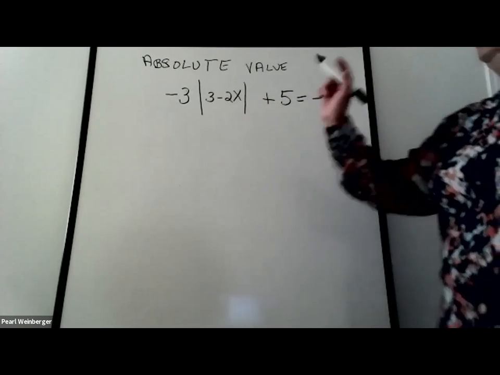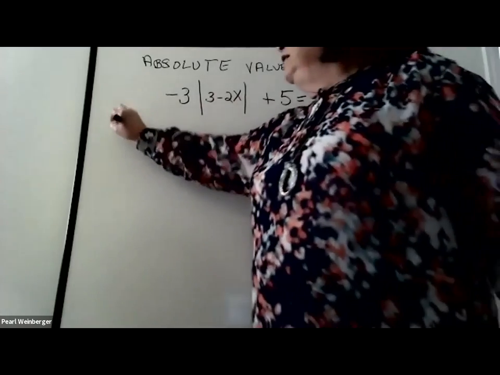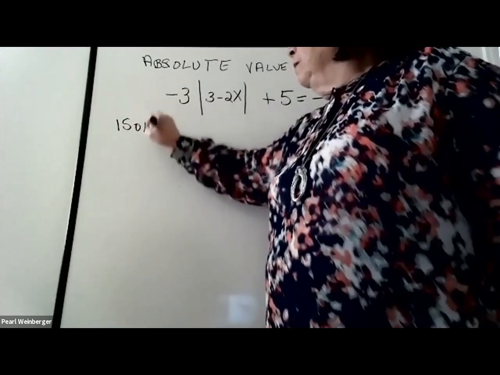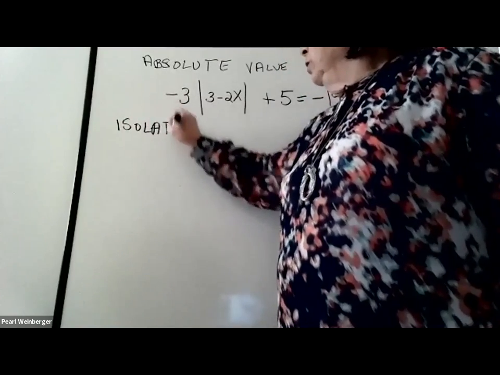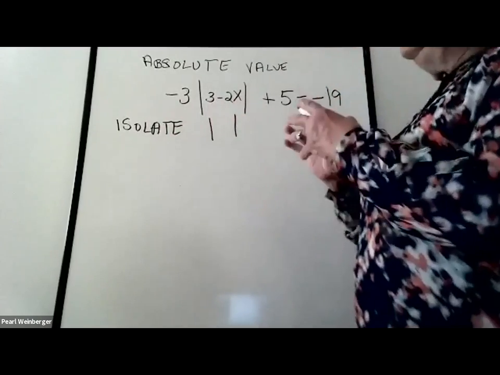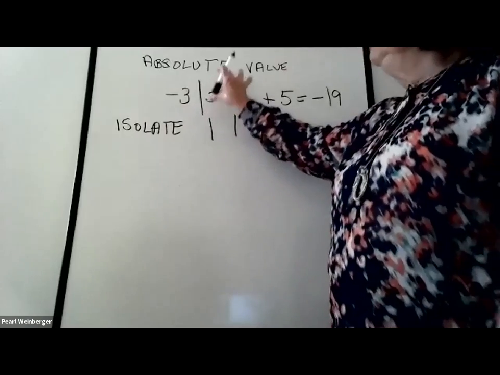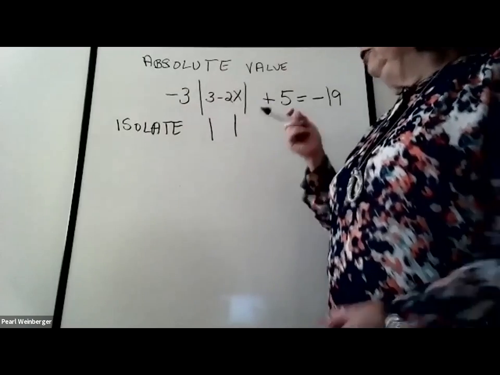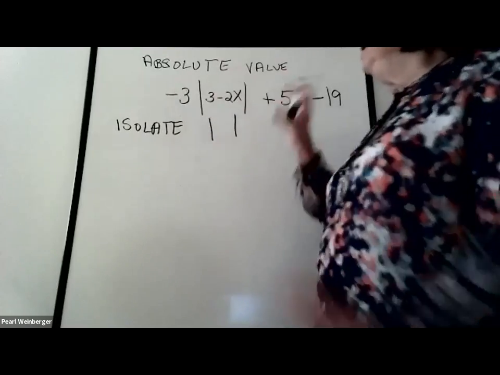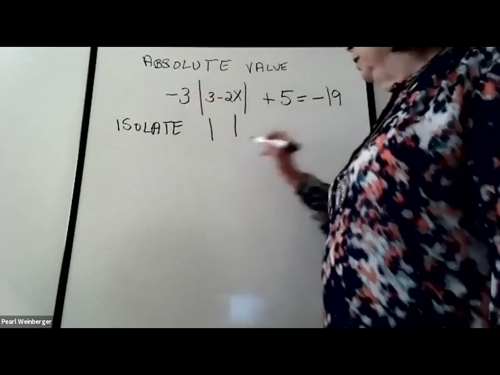The first thing, and this is what I'm going to start you off with, is to make sure you isolate your absolute value. That means all you have on the left side of your equation is this absolute value. There can be things inside it, but outside of it, there should be nothing. So how do we do that?